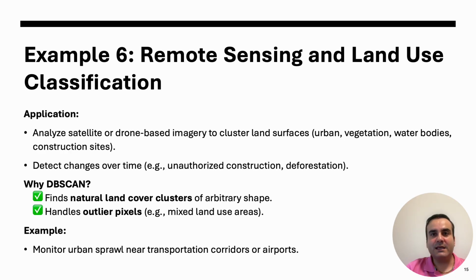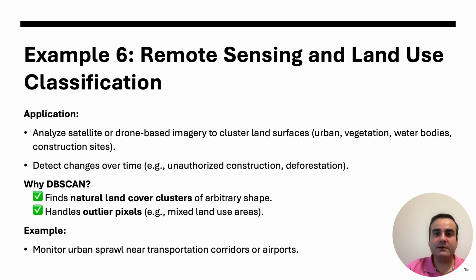In remote sensing and land use classification, we analyze satellite or drone imagery and cluster land surfaces into urban vegetation, water bodies, and construction sites. Over time, the same approach lets us detect changes such as unauthorized construction.